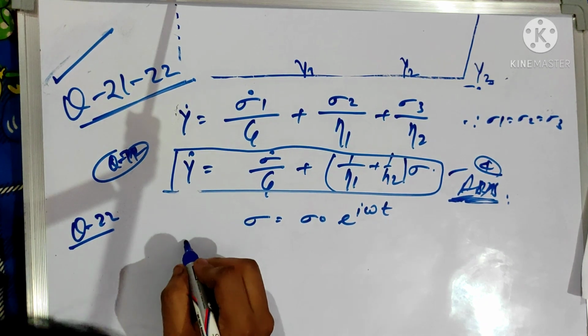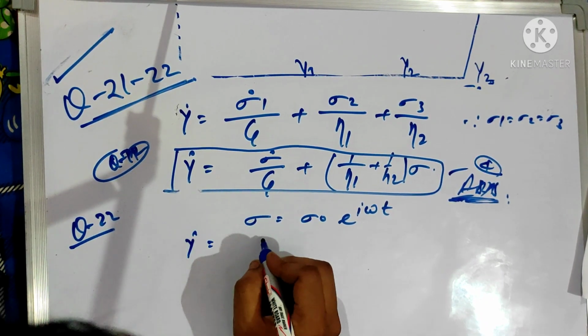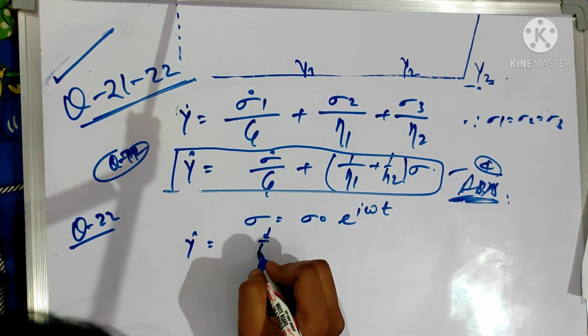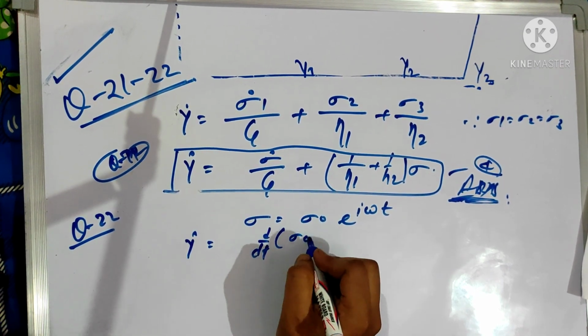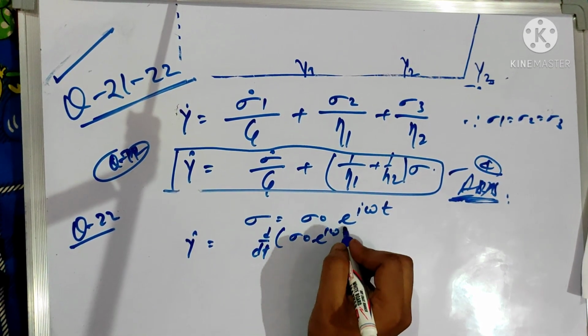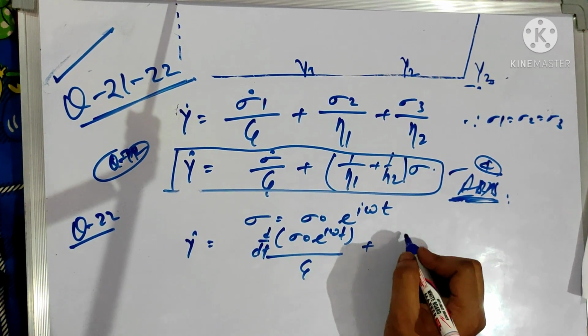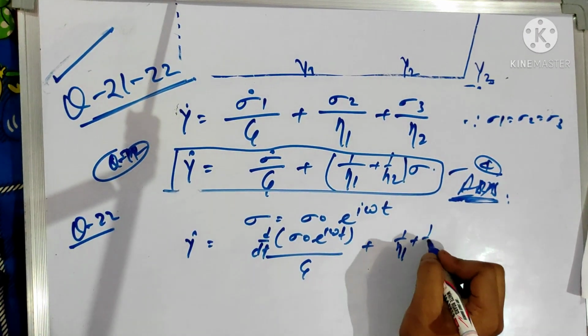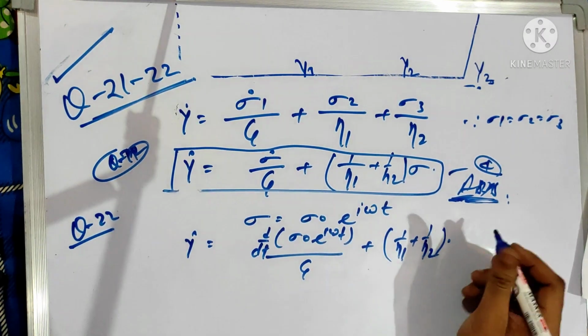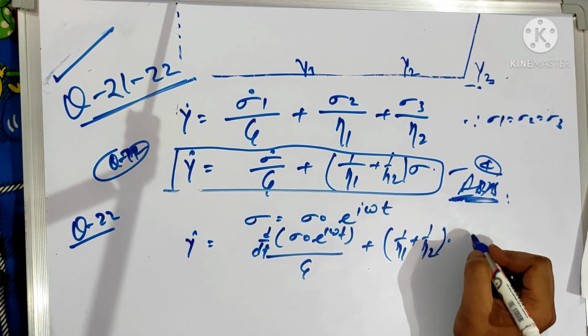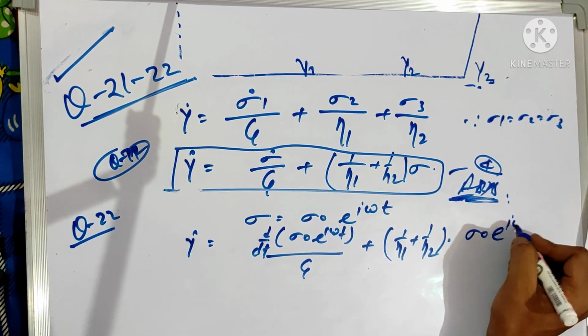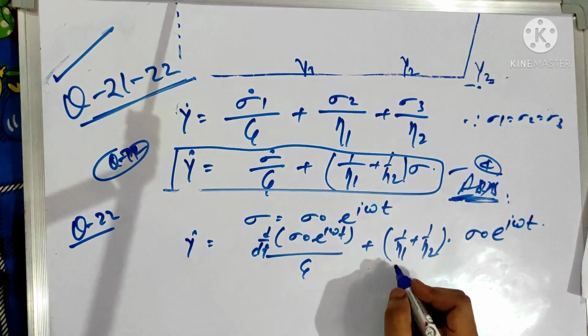In the above equation, the shear rate is equal to dγ/dt = σ0 iω e^(iωt) divided by G plus 1 upon η1 plus 1 upon η2.